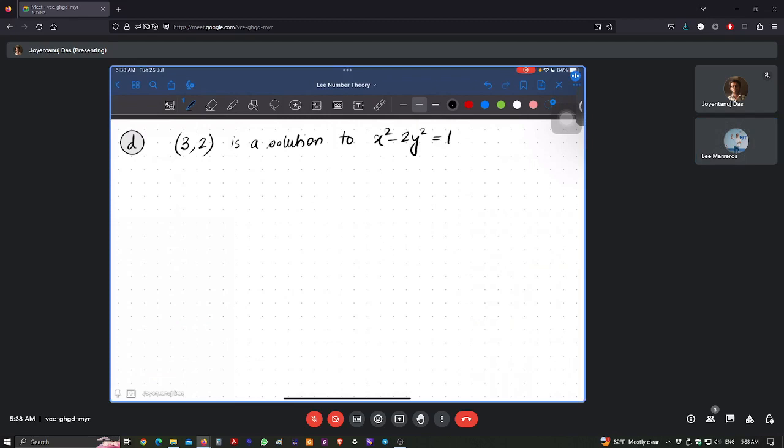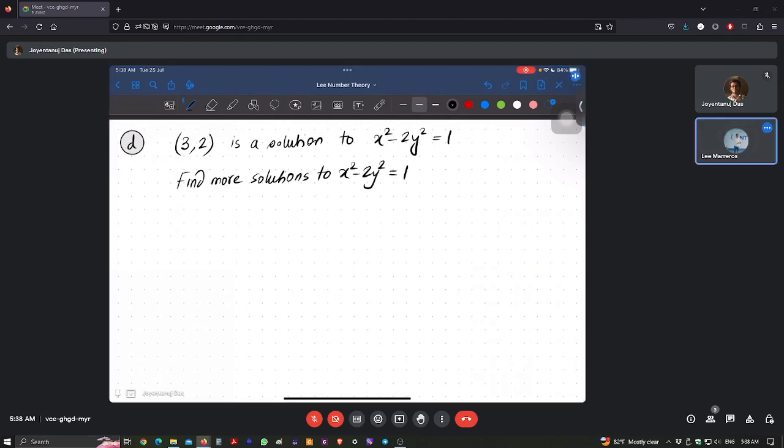Now they're asking to apply B and C repeatedly to find several more solutions to the same equation. So other than this (3, 2), I have to find more solutions.